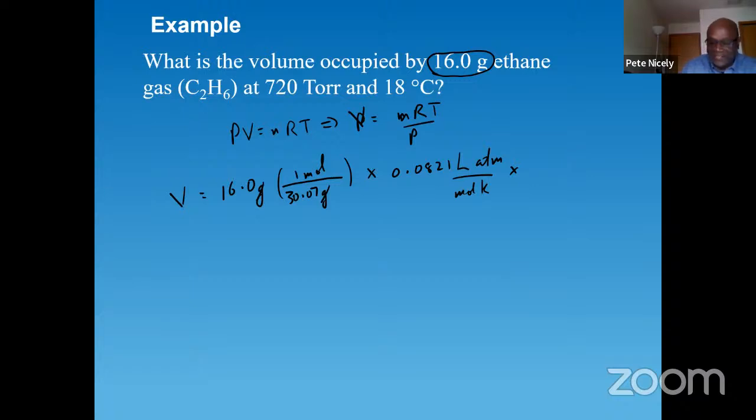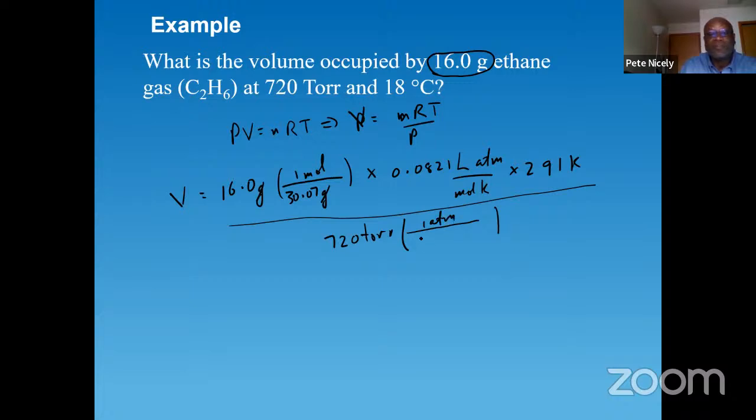And when I did that calculation, I end up with 291 Kelvin. So that goes here. And then I'm going to divide all of that by the pressure. Now the pressure is given in torr. What we have to do is convert that to atmospheres. And if you remember from earlier in this chapter, we saw that 1 atmosphere is equal to 760 torr.